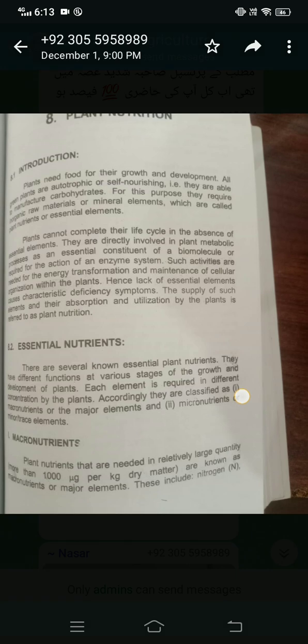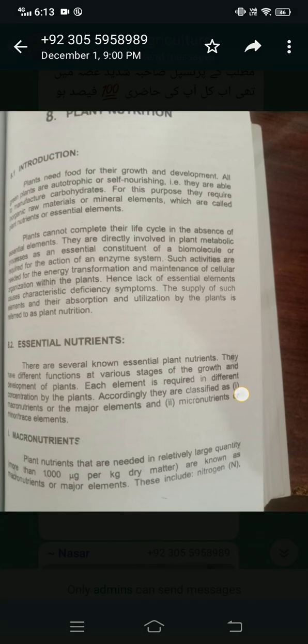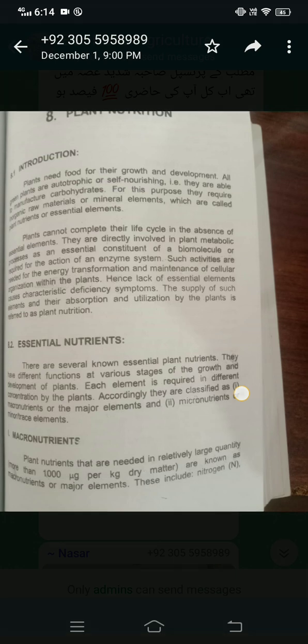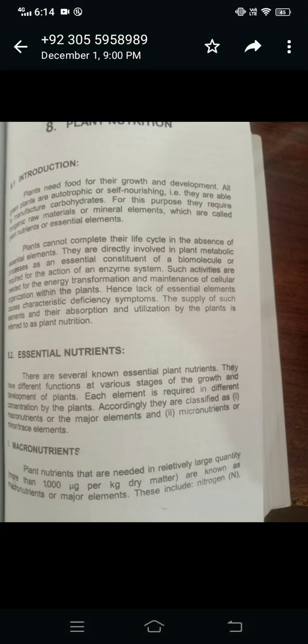Such activities are needed for energy transformation and maintenance of cellular organization within the plant. Hence, the absorption and utilization of essential elements by plants is referred to as plant nutrition.